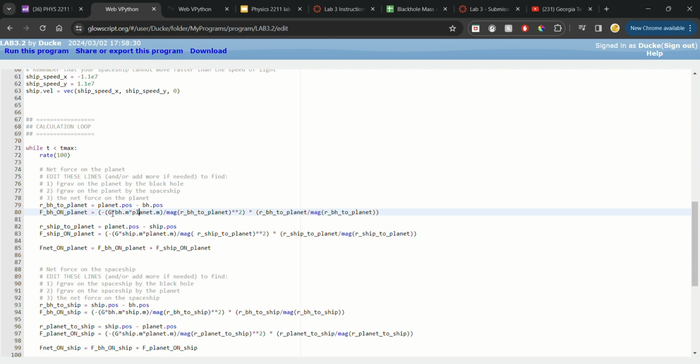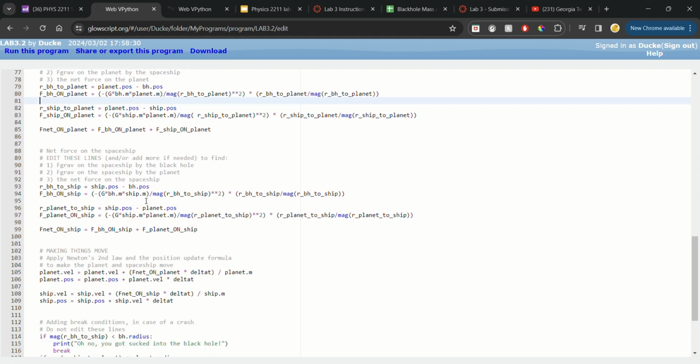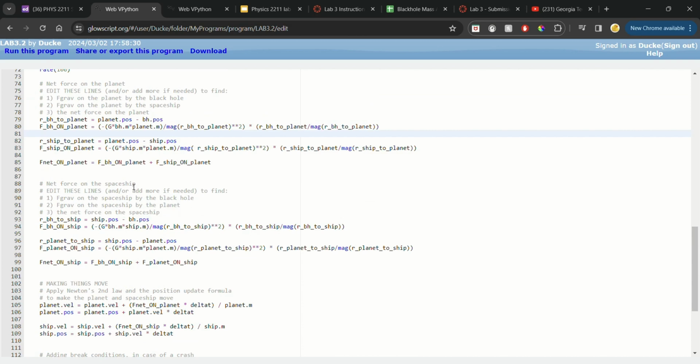This is just calculating the motion of the ship. This is using the same formula as here to solve for the force on the planet.